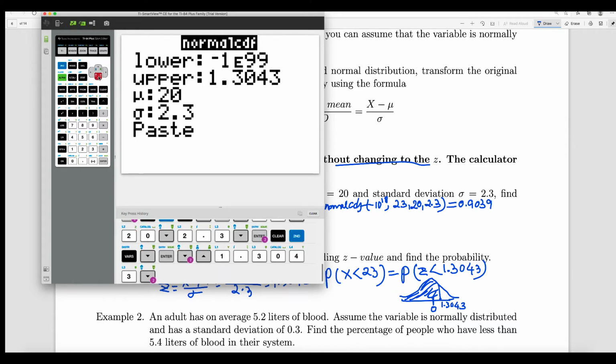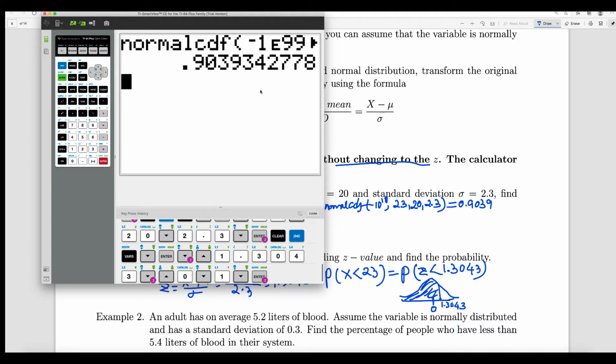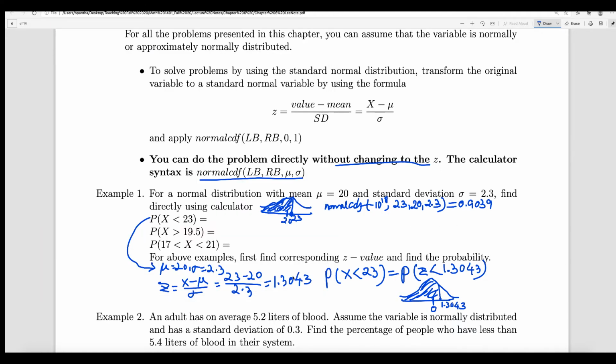Mu is now 0, because we changed everything to the g value, and sigma is 1. Then you paste, and you get 0.9039. So you can either change into the g value and do it like this, or do it directly using the calculator. We will use the calculator for the g value too, but if you do it directly, you don't have to change into the g value.